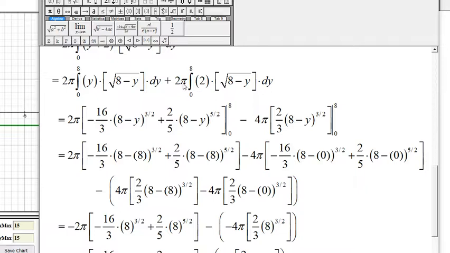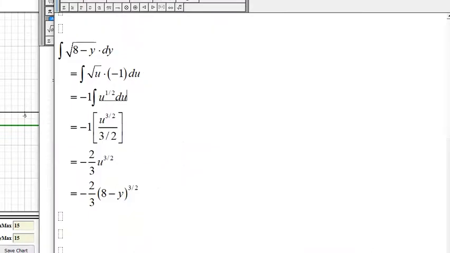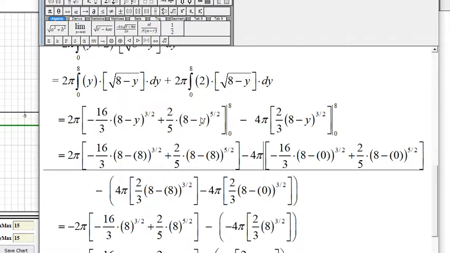And now, here we got 2 pi times 4, which is 8 pi. And we just did this integral, which is negative 2/3 times 8 minus y to the 3/2. And so now we evaluate from 0 to 8. So we plug in an 8 in here, and plug in 8, and of course it would be 0 and 0.